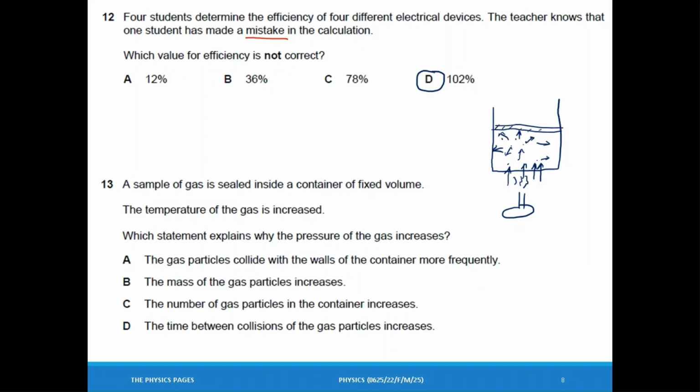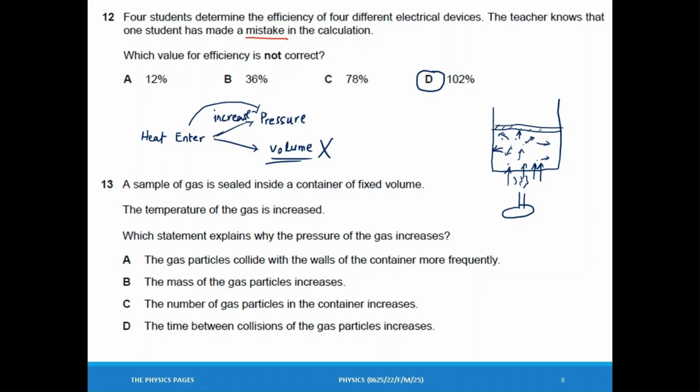So heat entering is directly increasing the pressure, so it's not going to change the volume because it's fixed volume. The heat increase is actually going to do two things: either it will increase the pressure, or it will also increase the volume. But as it is a fixed volume, this will not happen. So heat entered will directly increase the pressure of the gas.